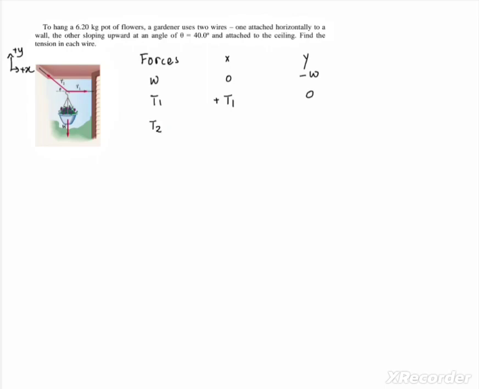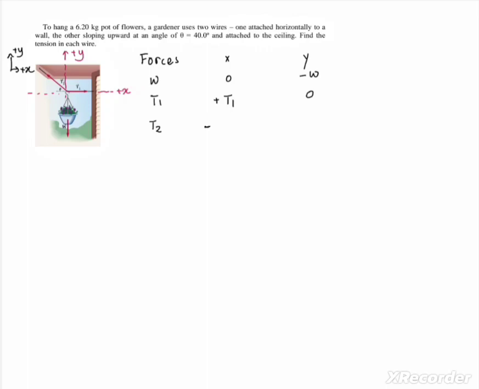As for T2, you can see that T2 is in the second quadrant. So for example, if we draw our axis like this, this would be our positive x, this would be our positive y. You can see that T2 is in the second quadrant.